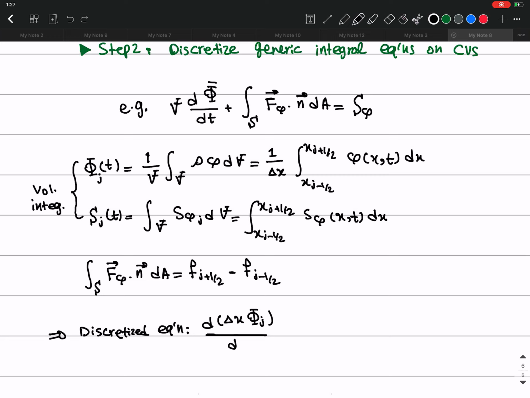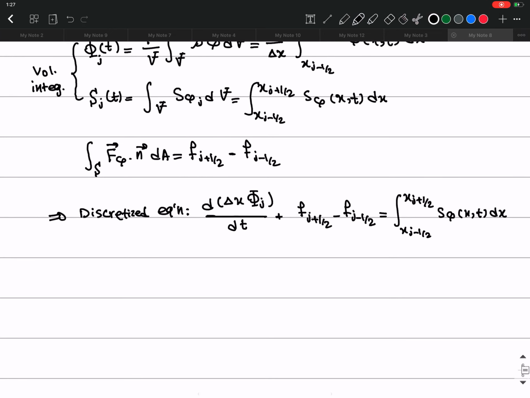I bring it inside. Plus f j plus 1/2 minus f j minus 1/2 equals the source term, which is the integral from x j minus 1/2 to x j plus 1/2 of S phi x and t dx. Okay, so this is the discretized equation.